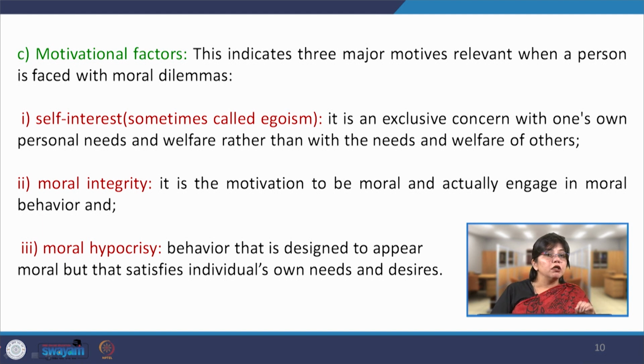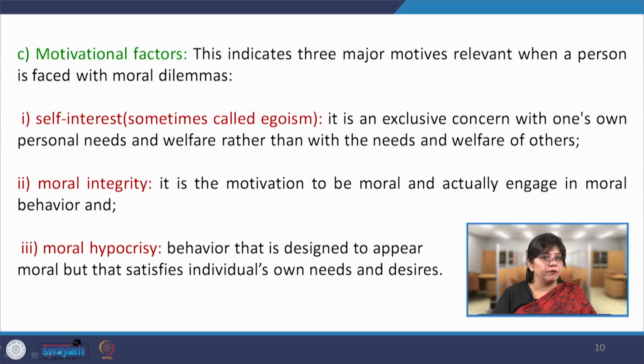So, when we are talking about helping others, what determines helping behavior and what factors inhibit helping behavior? These are the factors which motivate a person either to help or not to help.